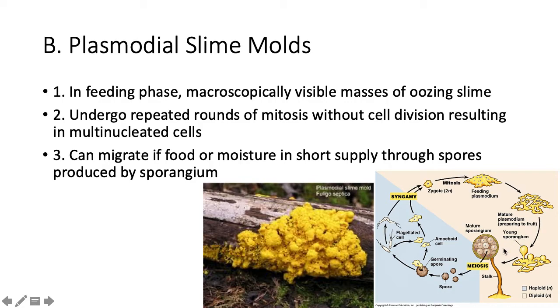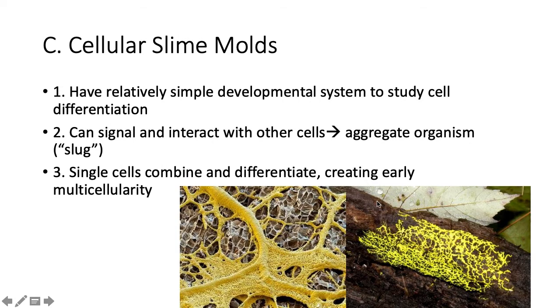There's another type of slime mold, and that is the cellular slime mold. One cool thing about them is that we think cellular slime molds were kind of the first examples of organisms exhibiting multicellular features, or just being multicellular in general.